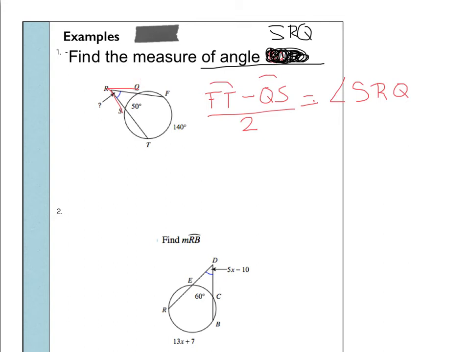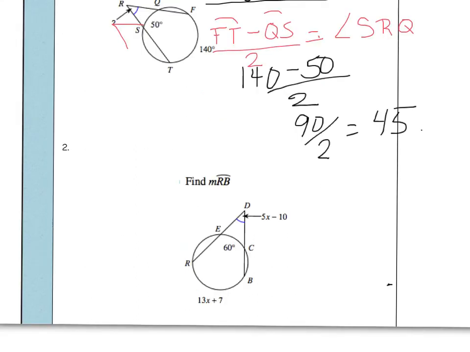Because this is an angle problem, we're going to use our circle theorem for angles and arcs, which says that the major arc, the big one, minus the smaller one, the difference of the two divided by 2 equals that angle. So now I can fill in what I know. 140 minus 50 divided by 2 gives you 90 divided by 2, which equals 45, and that's our solution.